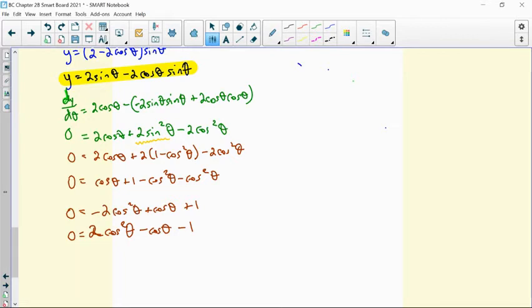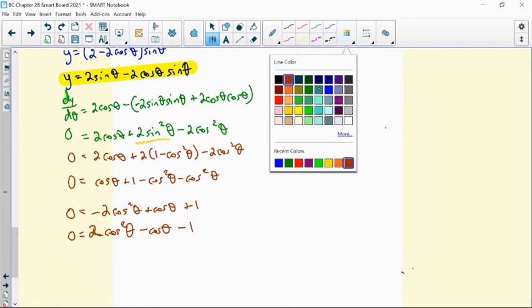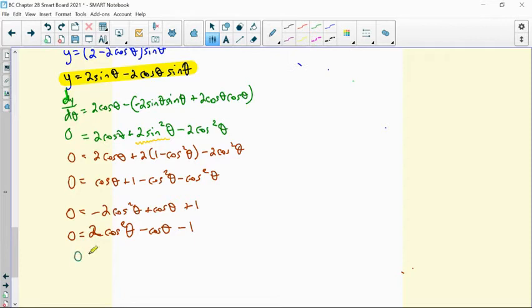So again, thinking back from solving trig equations, this is a quadratic. It's just your variable is cosine. And if it helps you to see it a little better, certainly then call that, what if it was 0 is equal to 2x squared minus x minus 1?